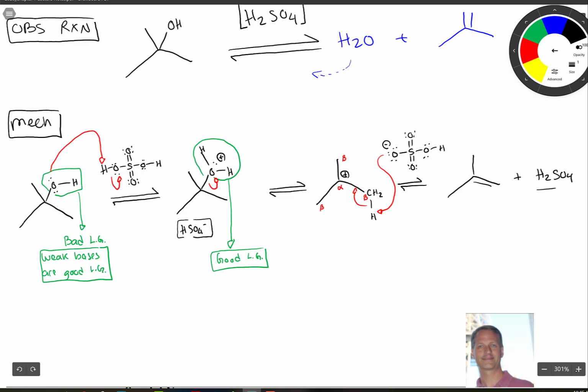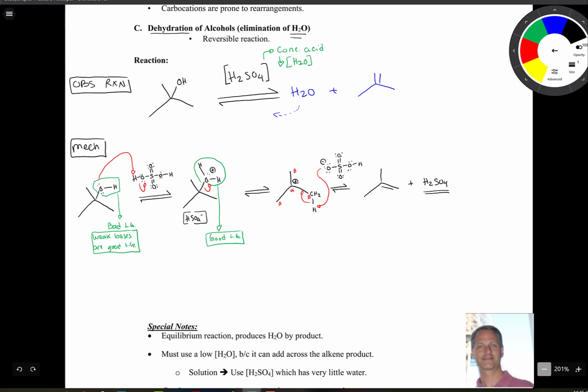just for the sake of showing this, that sulfuric acid is being made here. So the acid helps the leaving group become a better leaving group, right? The OH becomes an OH2+, but it's regenerated. So when something like that happens in chemistry, we say that it's a catalyst, right?